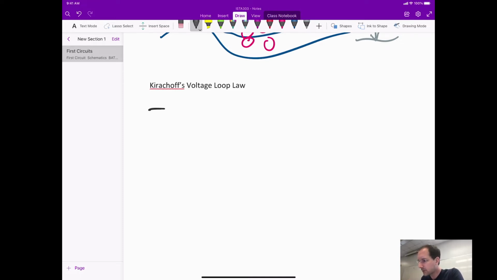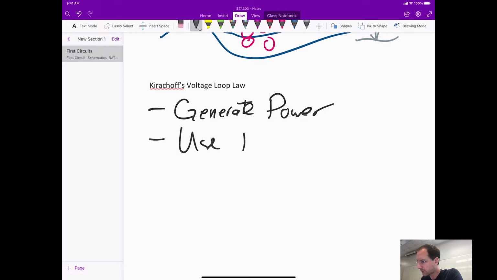There's components that generate power, and there's components that use the power, that do things with the power. Whatever that means, right? So Gustav Kirchhoff, who was a German scientist, was really trying to understand the foundations, the mathematical foundations of how electronic circuits work around 1845.